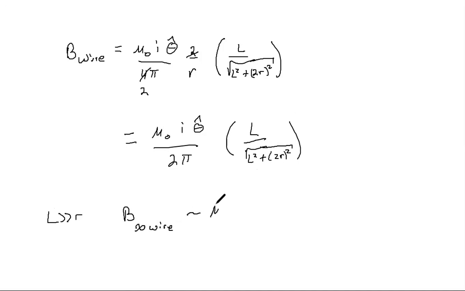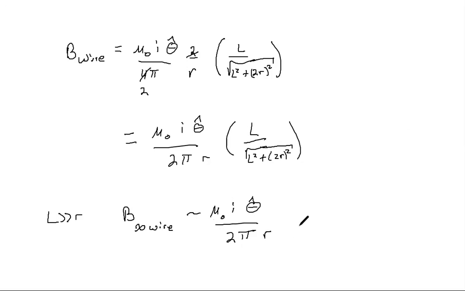And we see that that is mu naught I theta hat over 2 pi r. So that's an important result that we will see again later on. And in that limit, it becomes independent of the length along the wire, kind of suggesting that it becomes, in fact, uniform along the wire, and that is true.